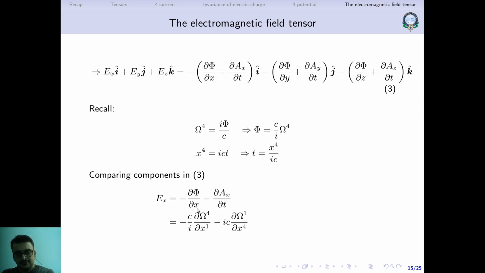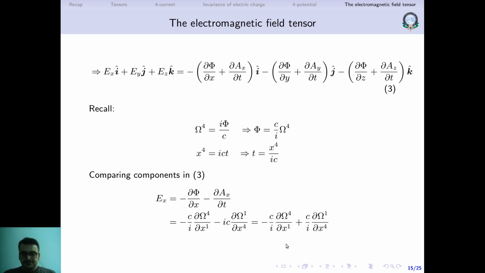And dou x is nothing but dou x1, and t is equal to x4 by ic. So here we put x4, and in the numerator we get an ic, so ic dou omega 1 by dou x4.